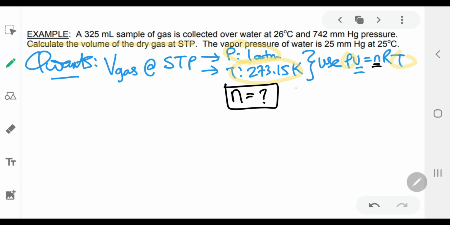Okay, we need to figure out what is the number of mole of the gas. So how do we do that?